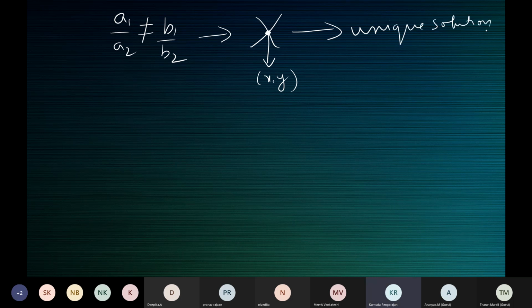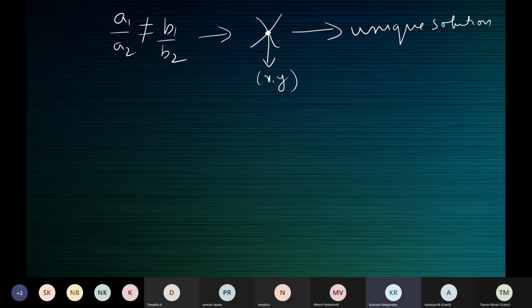When we say a solution, it's a solution to the pair of equations. That is, it is that value which satisfies both the equations. We are talking about that point which will satisfy both the equations.